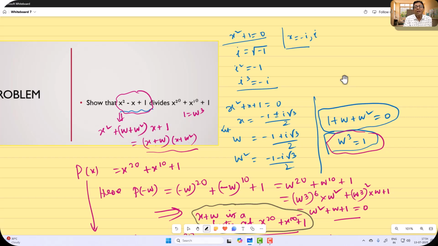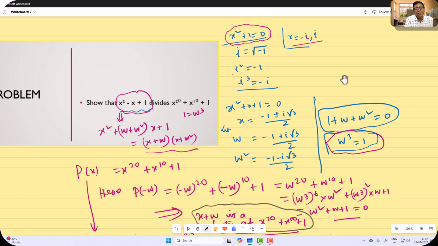I would like to remind you the roots of this equation. For x square plus 1 equal to 0, roots are minus i and plus i, where i is root minus 1.